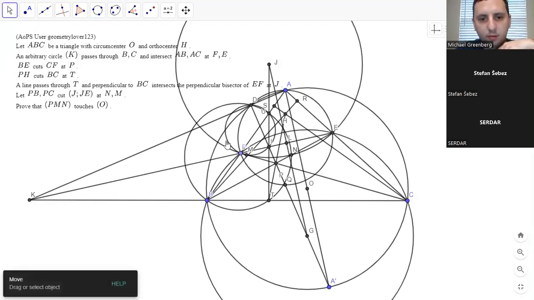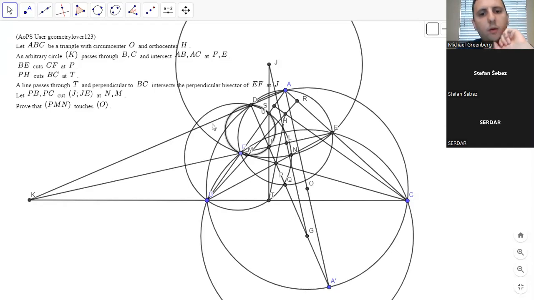Yeah, we are trying to prove M is on it. Somehow we have to use that JE equals JF.